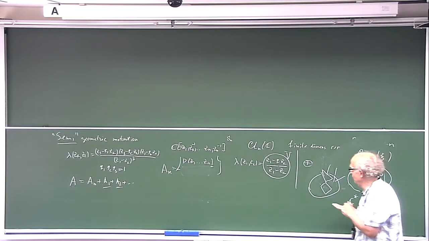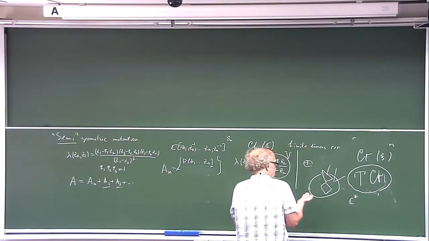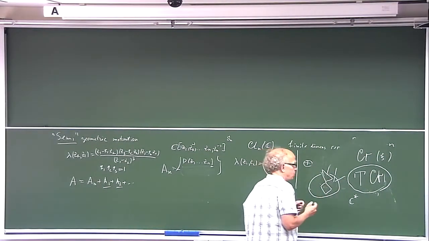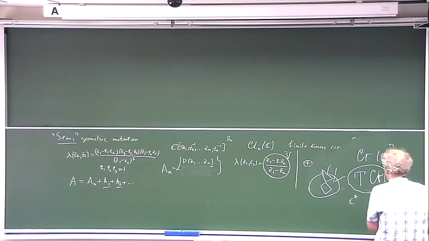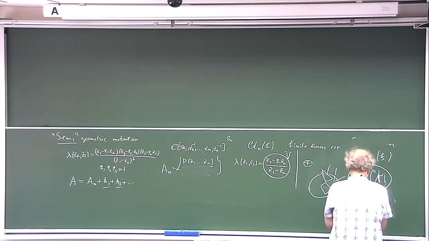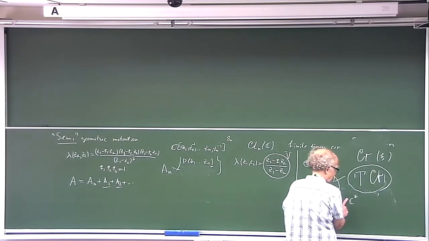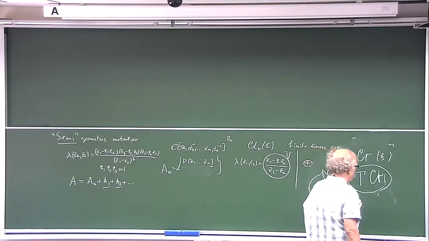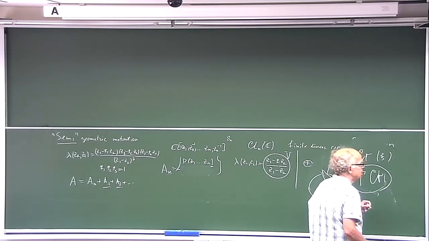Now if you determine the product, then you are going by the standard way. You take this bundle here, and you calculate the equivariant Euler characteristic, but as a graded manifold.